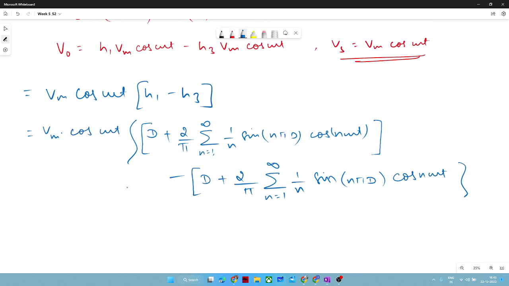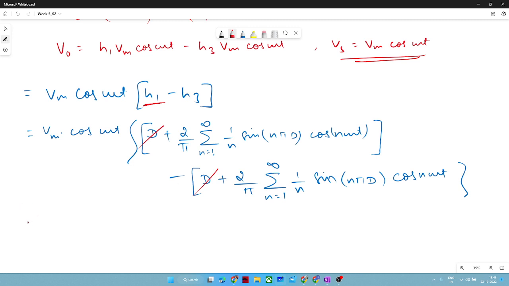Now, if you see here, your dominant component of ripple, that is the fundamental or first ripple, will get eliminated from this expression itself. This d and this d will get cancelled. In the half wave rectifier this was not the case because there was only h1 present. Here I am doing h1 minus h3, and due to that the fundamental dominant ripple is getting reduced.